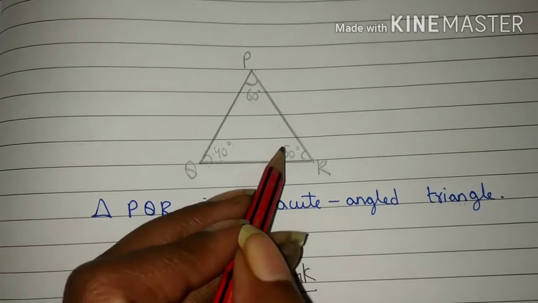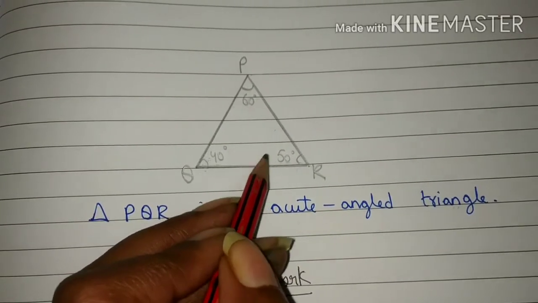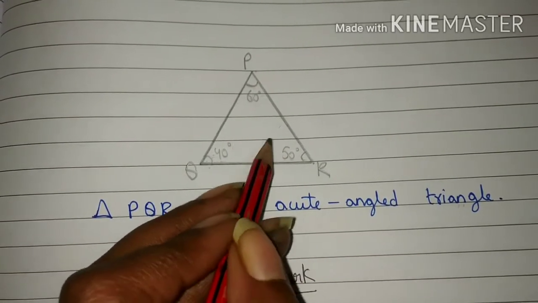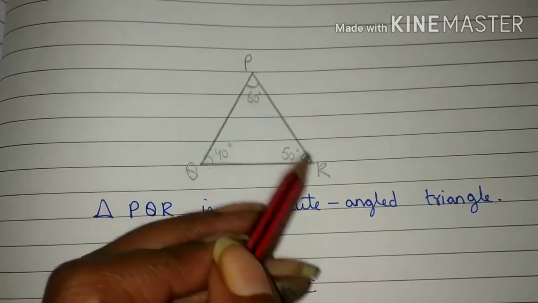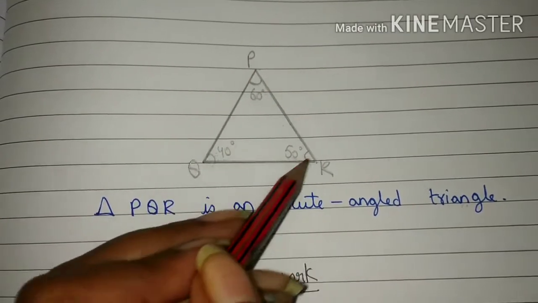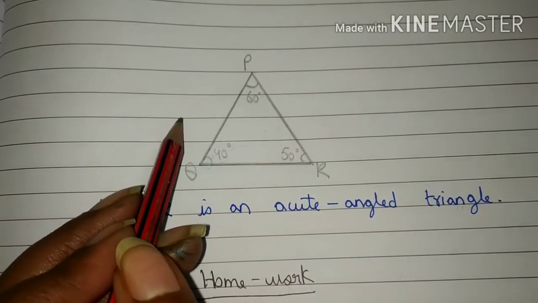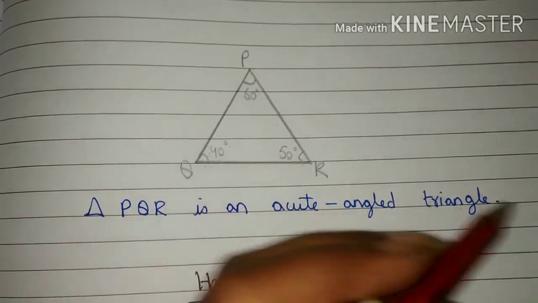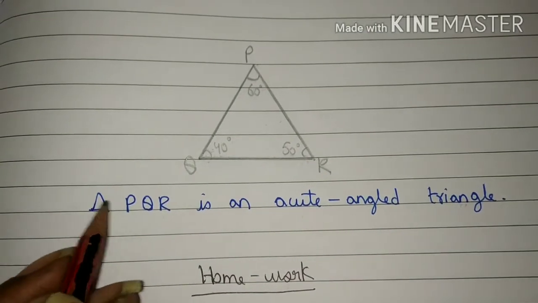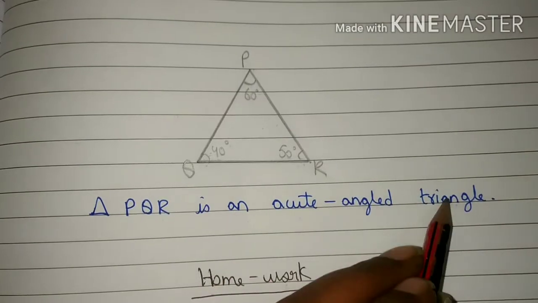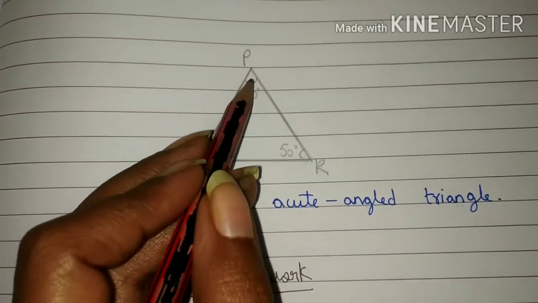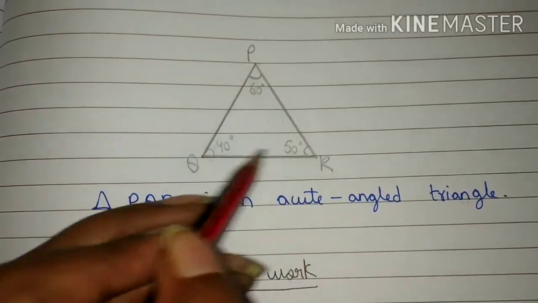This angle is 50 degree, less than 90 degree. So all the angles are less than 90 degree. So this type of triangle is known as acute angle triangle. Triangle PQR is an acute angle triangle because here all the angles are less than 90 degree.